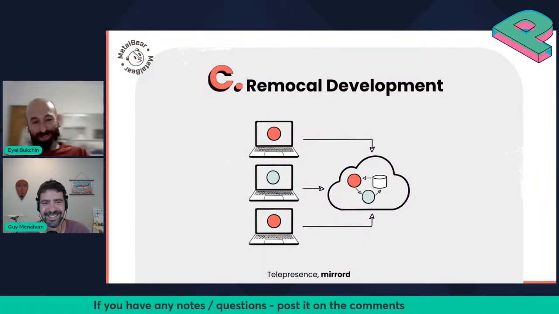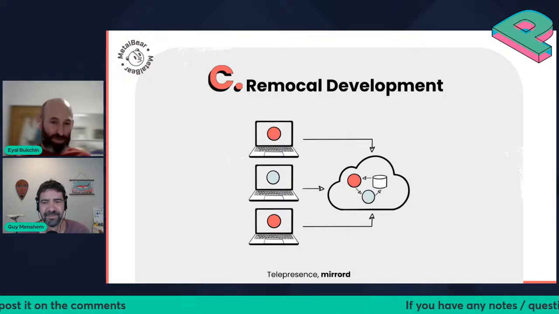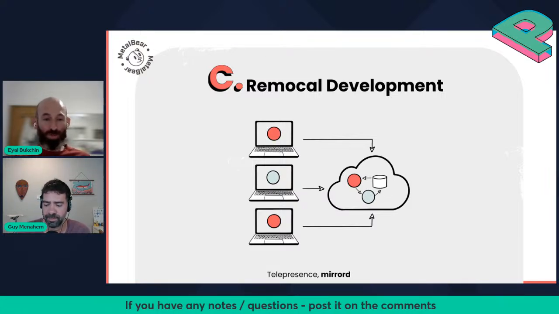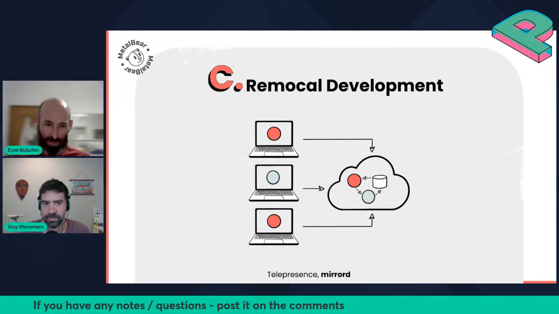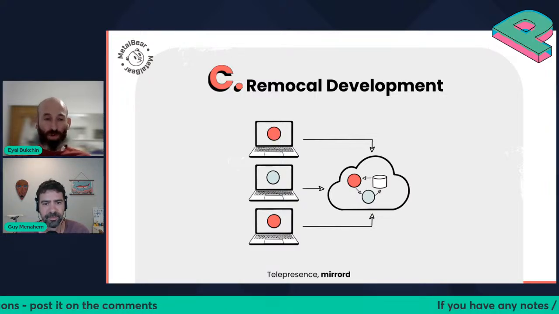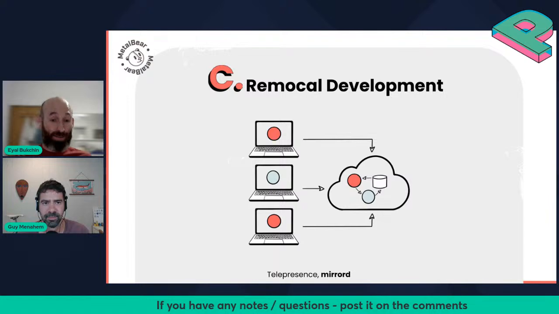And Remocal, the reason for our meeting here. So Remocal development mixes the two, right? The idea is that in microservice development, you're usually going to want to change just one or two microservices at any given time. So you don't really need or care about changing everything else.